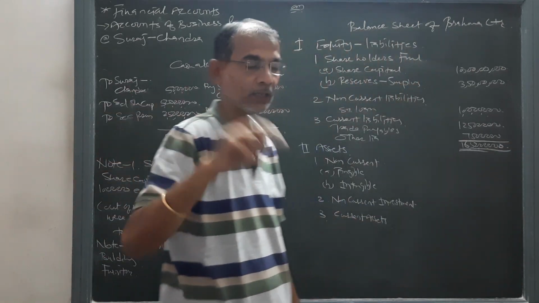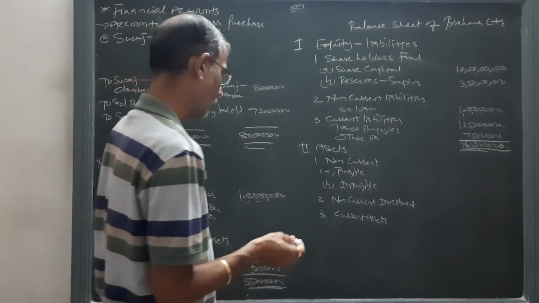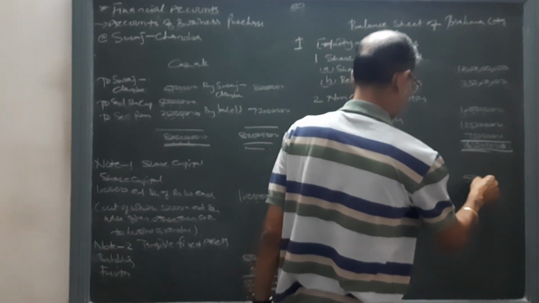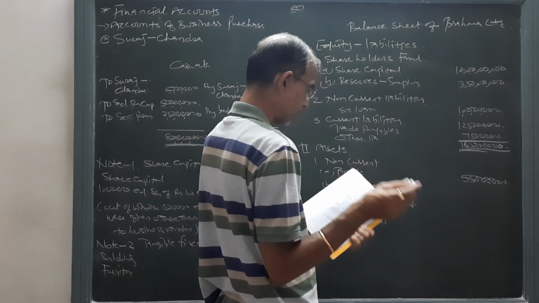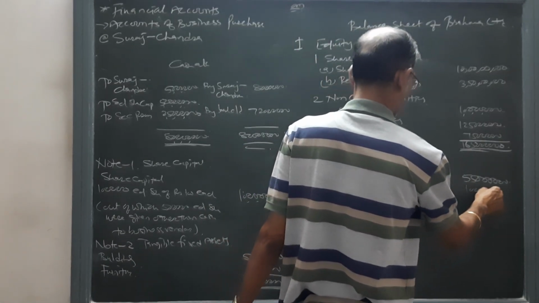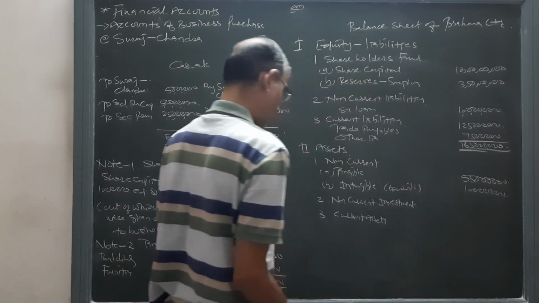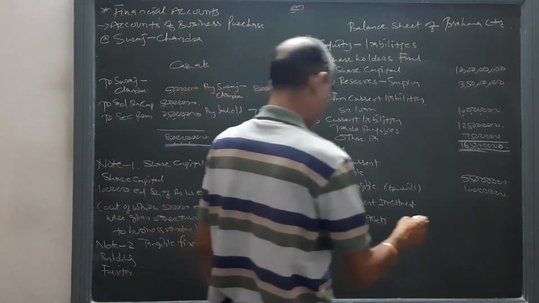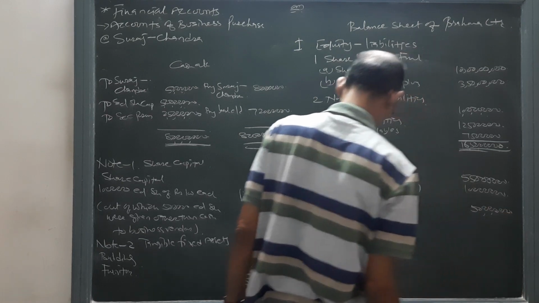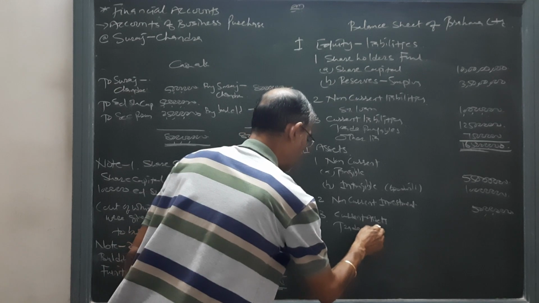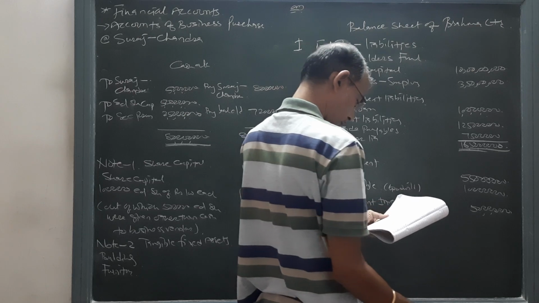If we come to assets, tangible fixed assets were of 5 crore 50 lakh. Goodwill were given as 1 crore. Investment was as it is of 50 lakh. Trade receivables were of 1 crore 50 lakh.